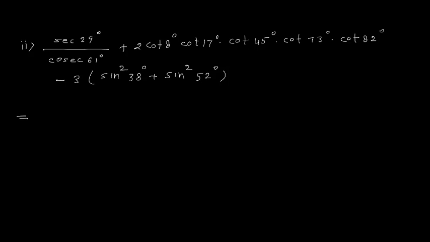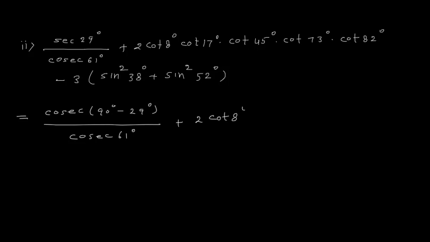So this sec I will convert in cosec, so it will become cosec of 90 degree minus 29 degree divided by cosec 61 degree, then plus 2 times cot 8 degree, cot 17 degree.